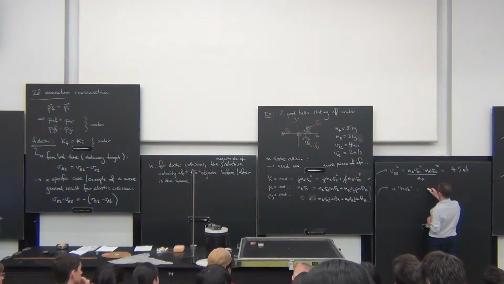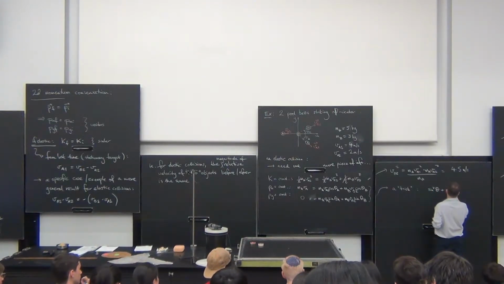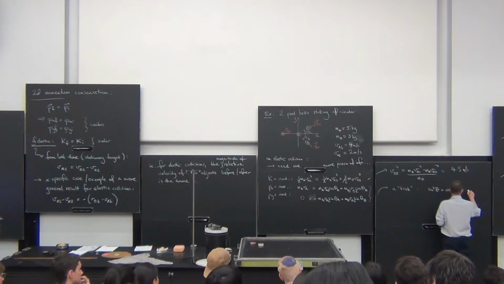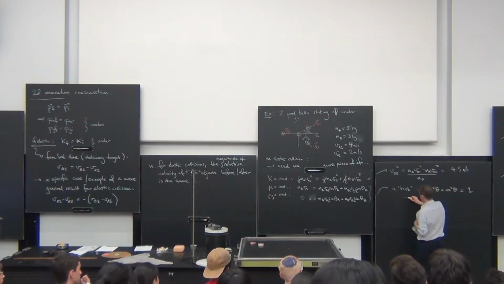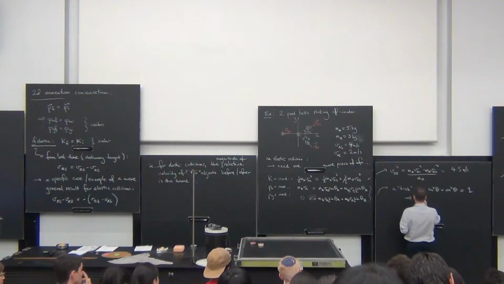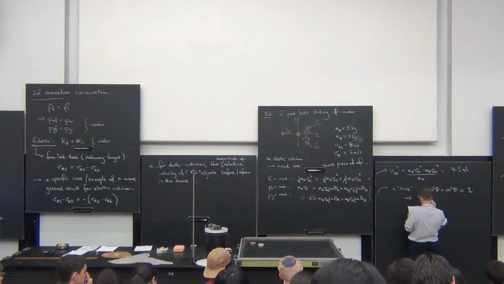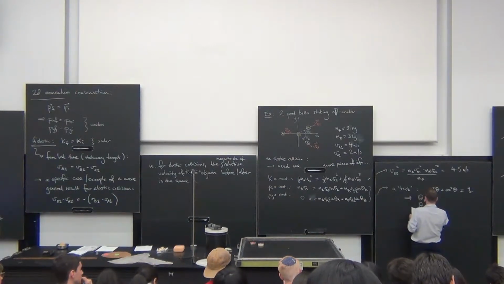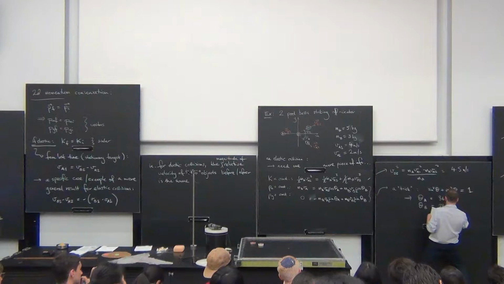I happen to do this by just looking at sine squareds of an angle plus cosine squareds of an angle equals 1. But again, it's not necessary to use that. Whatever substitution you like, and it turns out in this case that theta A and theta B, if I've got this the right way around, I get 36.9 degrees and 26.5 degrees.